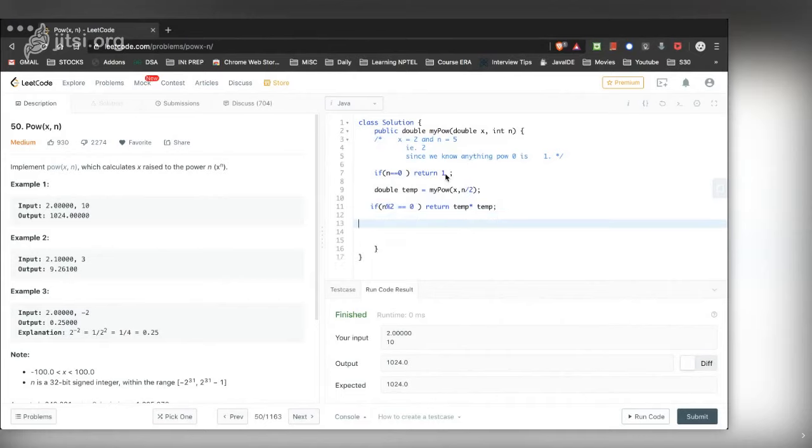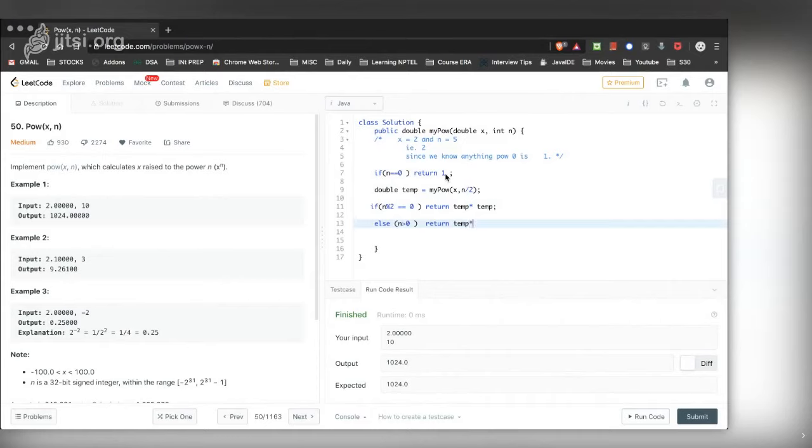Otherwise, where n is greater than 0, we'll just return, say for example, 2 power 5.